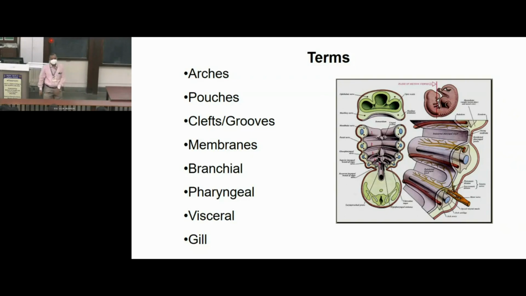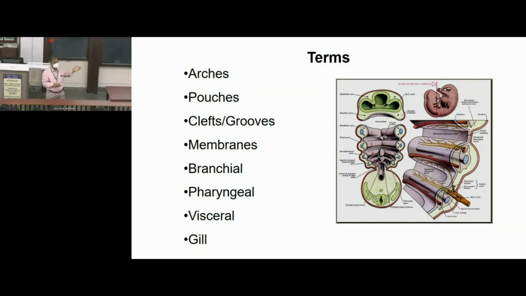Visceral. Why visceral? Pharynx is an organ, correct? Structures within the neck, not in the wall, are all visceral. So the derivatives of these arches and pouches are actually dealing with organs.